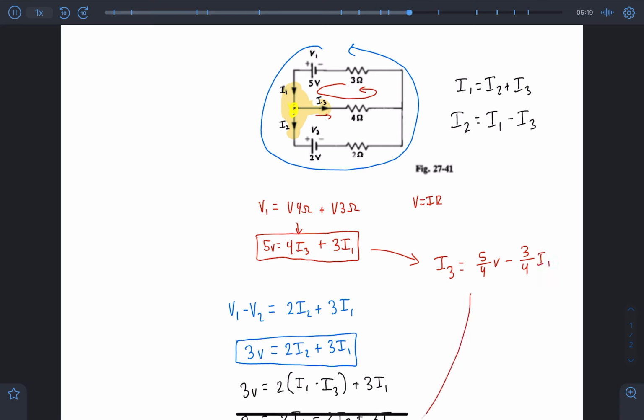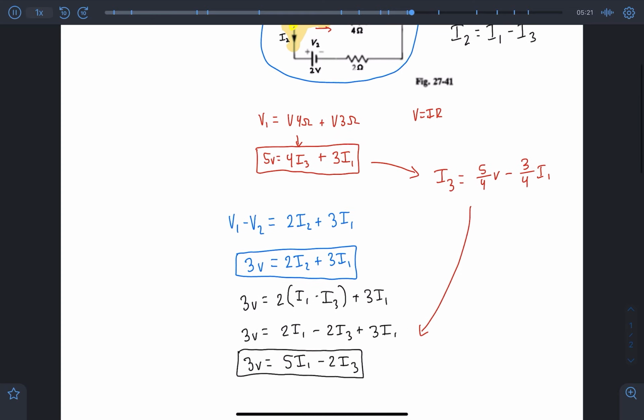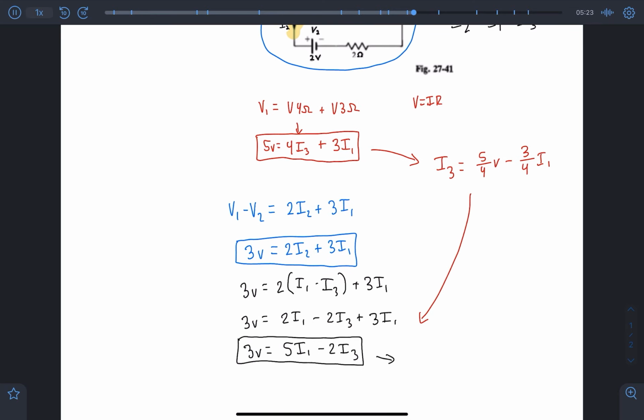Next, I'm going to take that and plug it into our second equation. And that is going to leave me with 3 volts equals 5I1 minus 5 halves of a volt plus 3 halves I1.